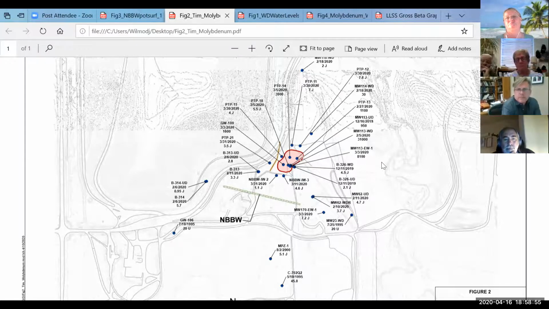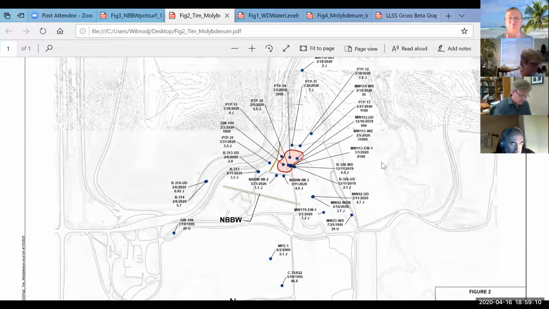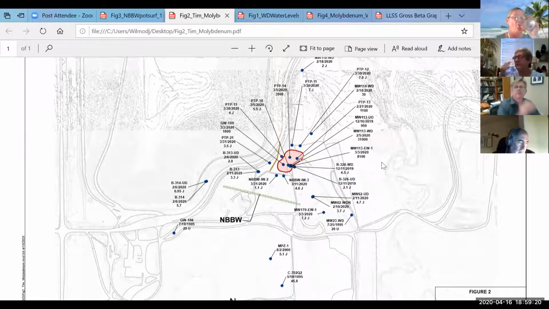Since Steve gave his briefing last time, we have conducted XRF and XRD analysis. For those who don't know, XRF, which stands for X-ray fluorescence, was conducted on several cores that we had maintained.